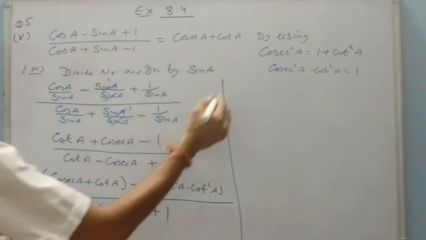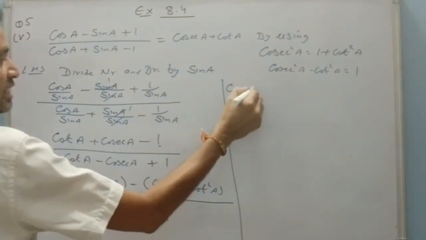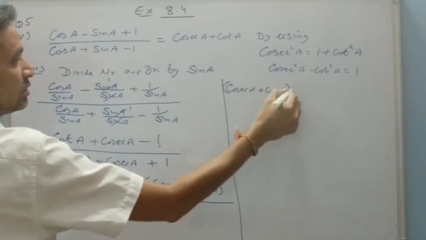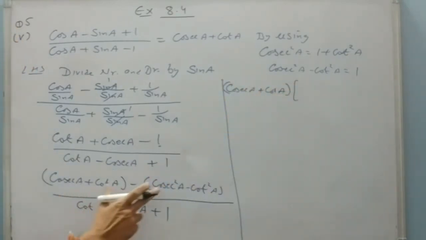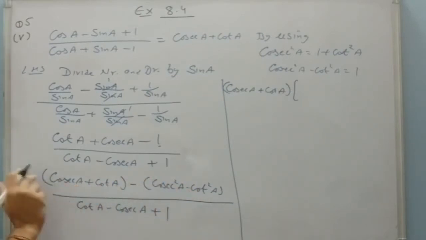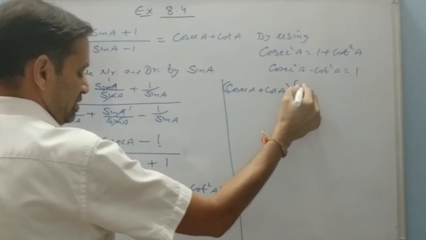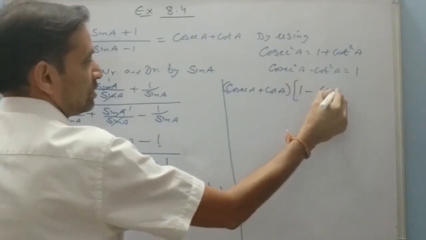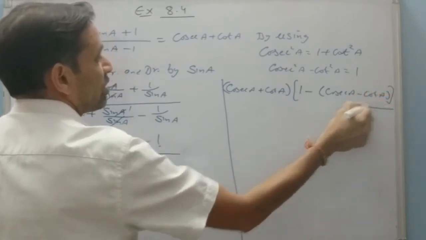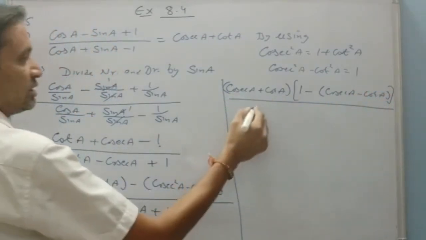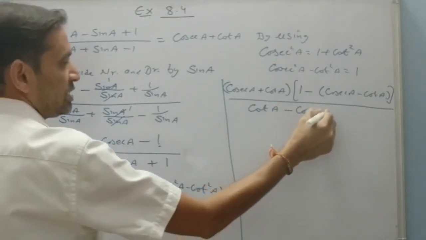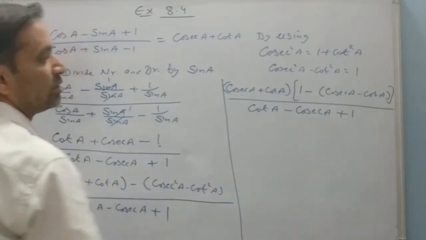Now it can be done as cosec A plus cot A common out, because it is a square minus b square, so a plus b is here and also here, and I have taken it outside. I have 1 minus cosec A minus cot A, whole upon cot A minus cosec A plus 1.